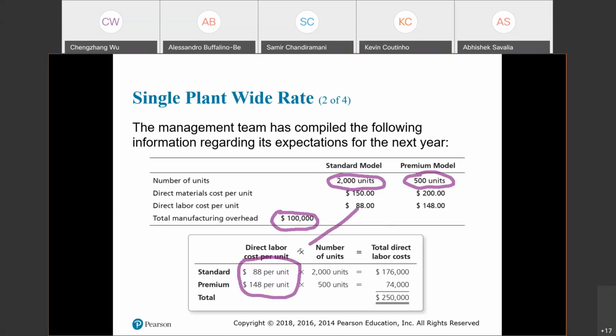This information is derived from here. As you can see, we use direct labor as the allocation base, so we use the estimated direct labor cost for the standard model and premium model times the number of units produced. We get the total direct labor cost.